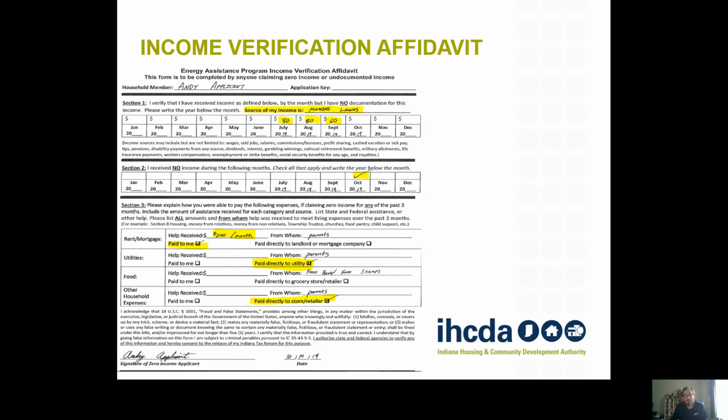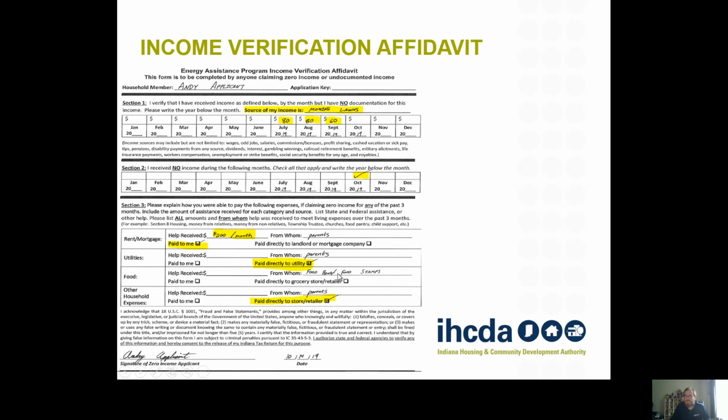That's not going to count as income. We don't necessarily need to know exactly how much it was. Now, if they had just given him money and told him to buy whatever supplies he needed for his household, then we would need to know how much, at least an estimate, and we would need to count that as income.